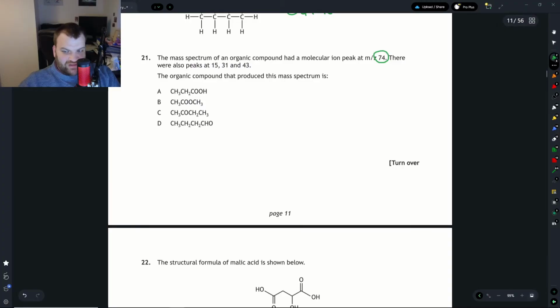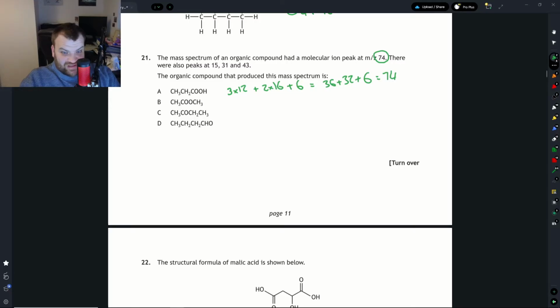Here we have a molecular ion peak. That means if we look at the GFM of each of these, they have to equal 74. I think they're probably all going to be 74, but let's just double check. We're going to have 3 times 12 for the carbons, plus 2 times 16 for the oxygens, plus there are 6 hydrogens. Does equal 74. We've got 1, 2, 3 carbons.